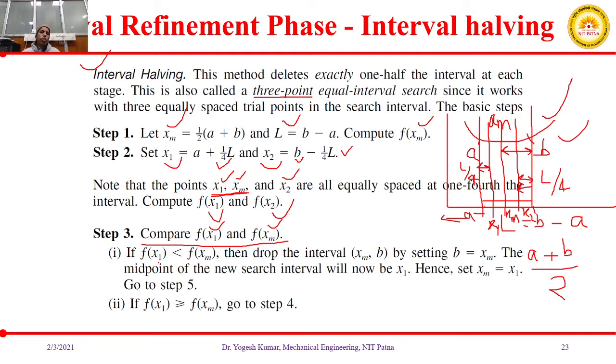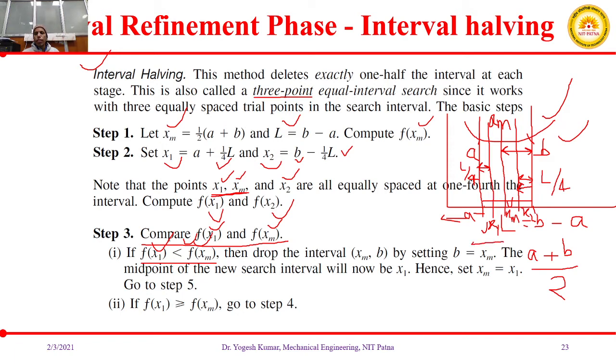So if this value f(x1) is less than f(xm), try to understand this condition. Since this is a case of minimization, and suppose f(x1) is less than f(xm), we will say the optimum value will lie in the left side of xm, because f(x1) is less and f(xm) is higher.